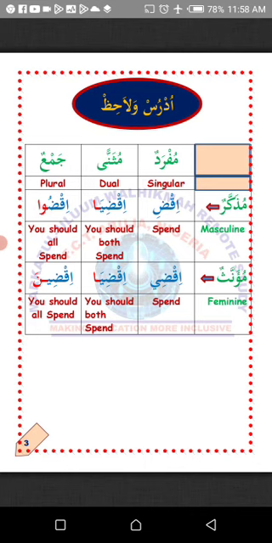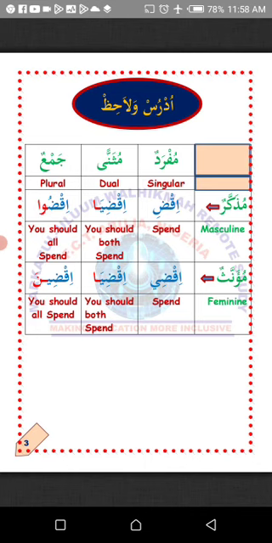So the verb iqdi will now become iqdiya, which means you should both spend. So if there are more than two, you attach wawun to the last letter of the verb iqdi. Remember, once wawun is attached, the letter before it must take dhamma, as we know that wawun is the mother of dhamma in Arabic. So the verb iqdi will now become iqdu, which means you should all spend.